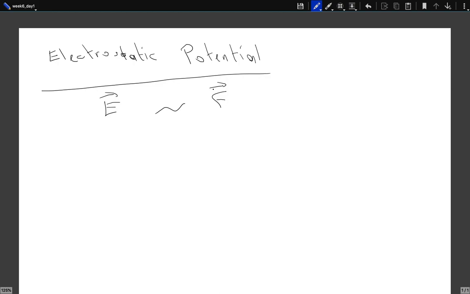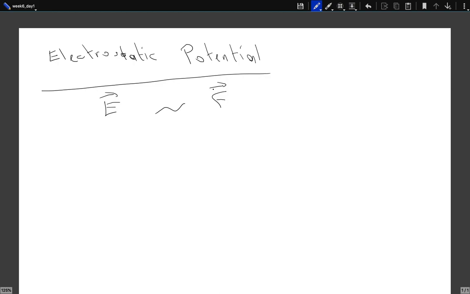Now, the electric field we defined as the electric force felt by a unit charge, force per charge. And so you have a set of charges, a collection of charges. They will exert a force on another charge somewhere else. So what happens is these charges create an electric field at that point.